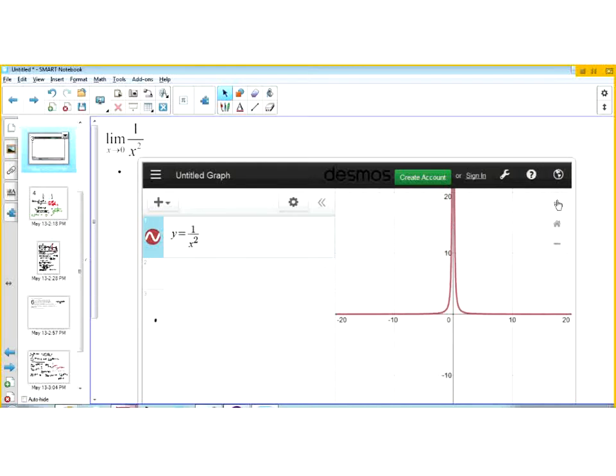They're getting larger and larger. Let me zoom out some more. Watch what happens. The output gets bigger and bigger as I approach 0 from the left. So that means that my output is approaching infinity as x approaches 0 from the left. All right, now let's approach 0 from the right.